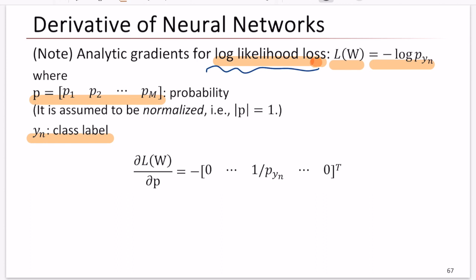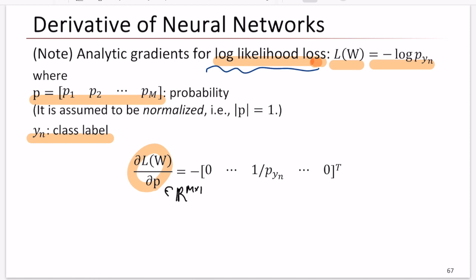So it means that the local gradient with respect to the loss, because L is the output itself, is going to be an n by 1 vector.